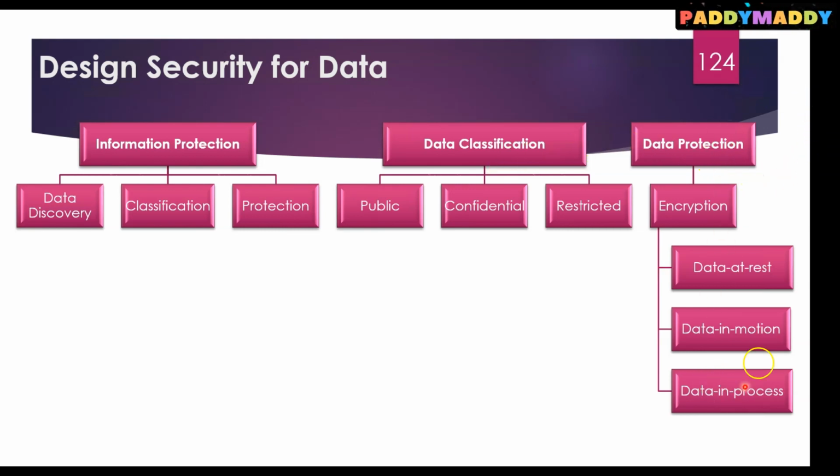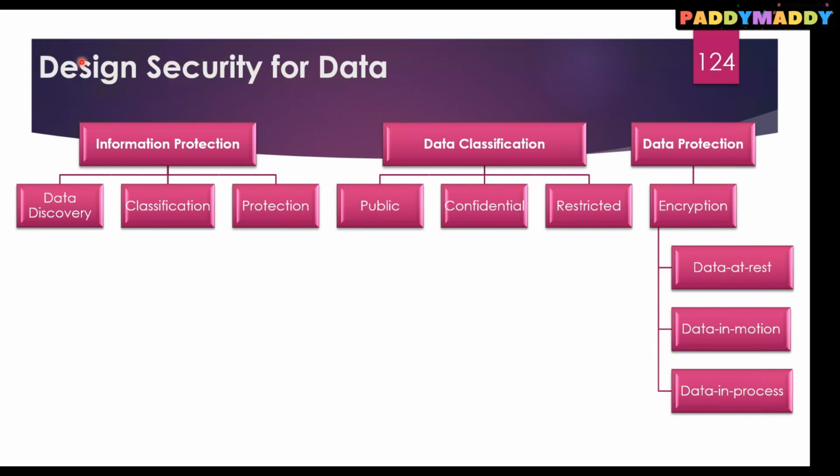Encryption should happen in at least three main areas: data at rest, data in motion, and data in process. We will look at all of these in detail in terms of designing the security for the data.